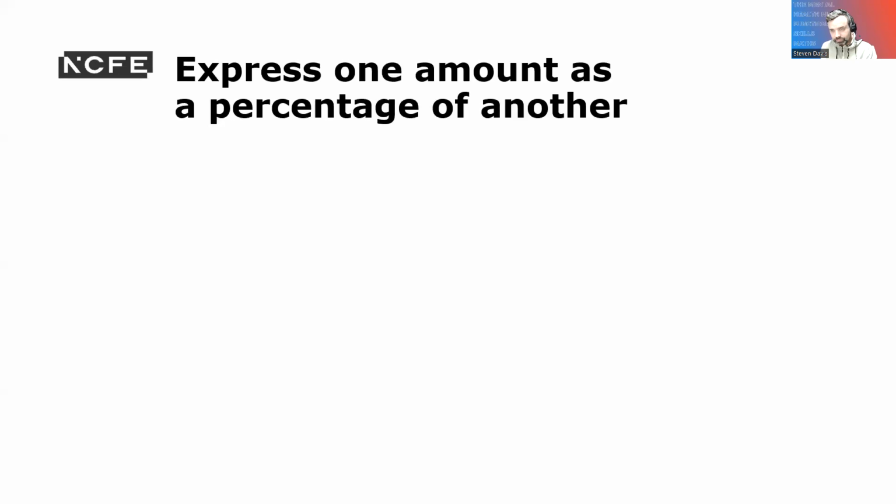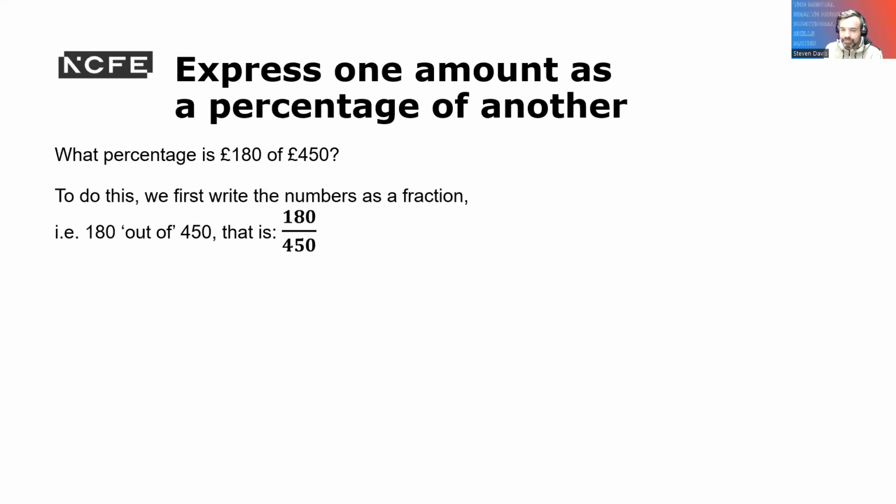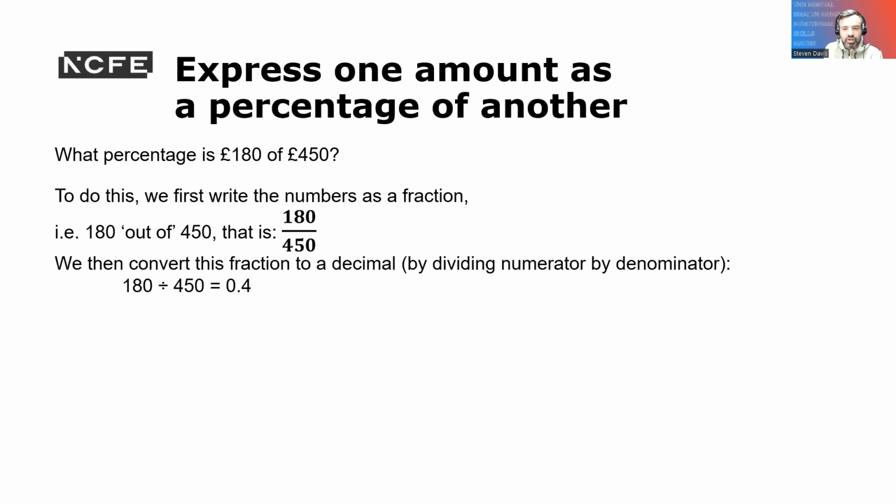Lovely. So express one amount as a percentage of another. So what percentage is £180 of 450? So to do this, we need to write the numbers as a fraction, i.e. 180 out of 450. That is 180 over 450. We convert the fraction to a decimal by dividing by the denominator.